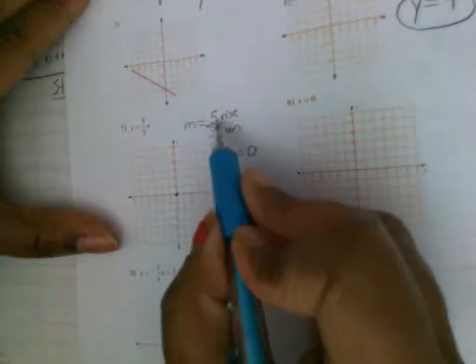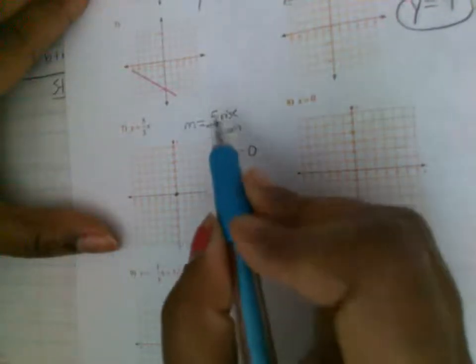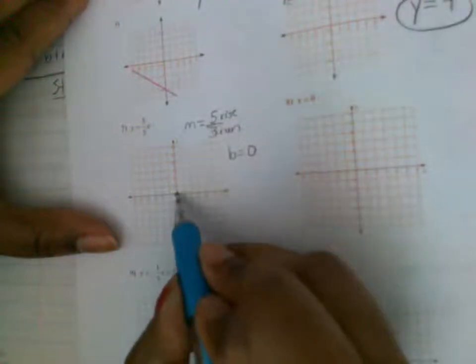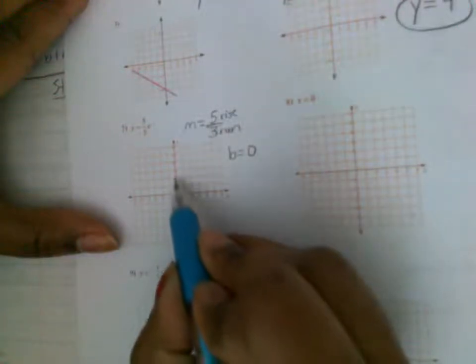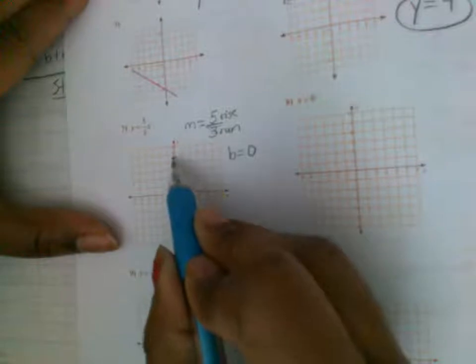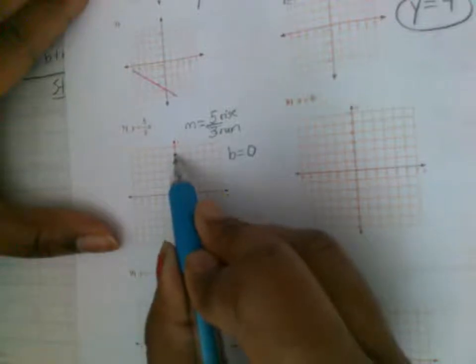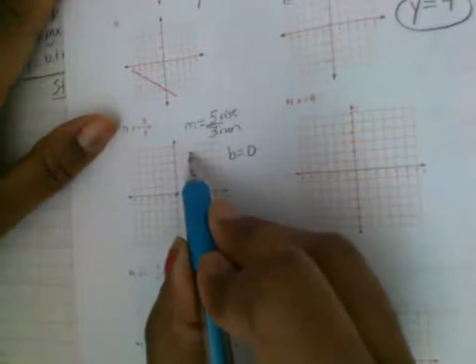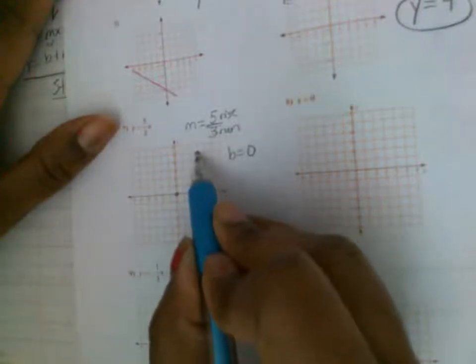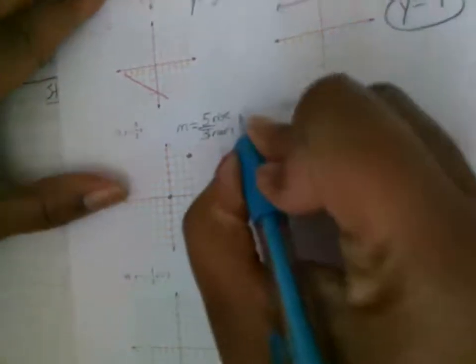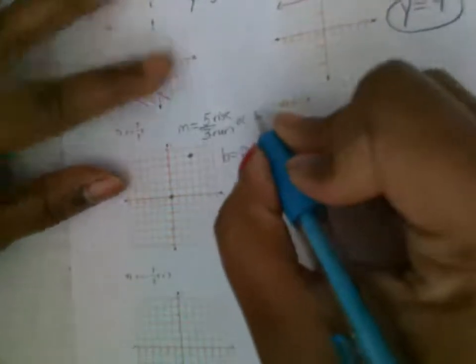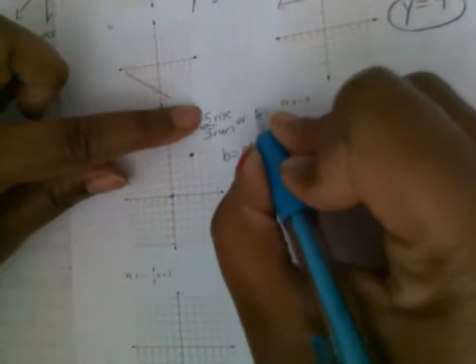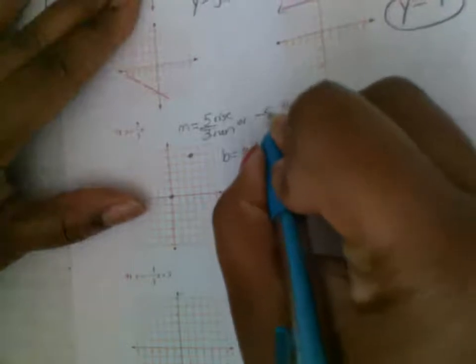Now I'm going to use my rise over run to graph other points. It's a positive 5, so I go up 5. 1, 2, 3, 4, and 5. It's a positive 3 on the bottom, so I go to the right 3. 1, 2, and 3. If I want points in the opposite direction, then I do the opposite of this. Instead of going up 5, go down 5.